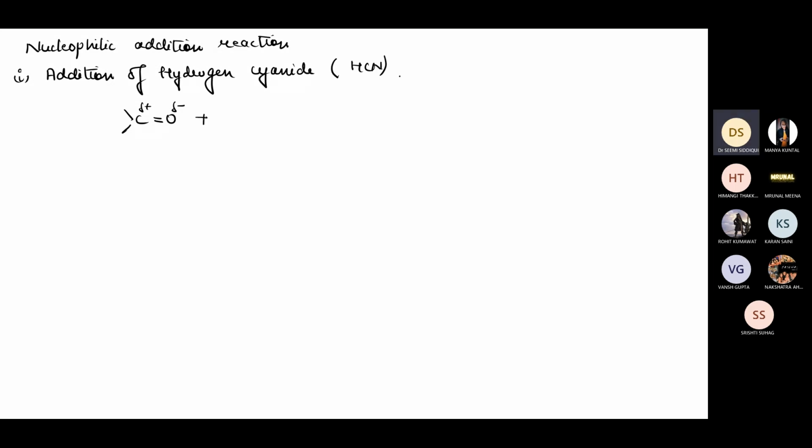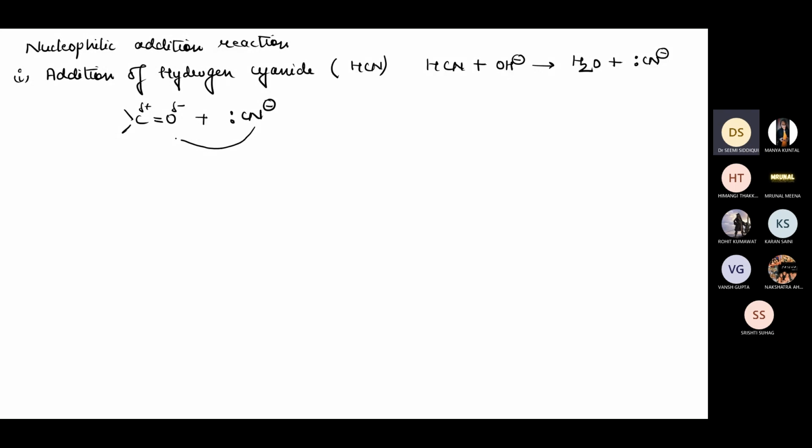From the HCN, अगर हम देखें तो HCN, when it is going to react with the OH minus, that is hydroxyl group, तो water molecule liberate होगा plus CN nucleophile as a you are going to get. So from here we are having the nucleophile. Now it is having the negative charge, therefore it is the carbon atom.